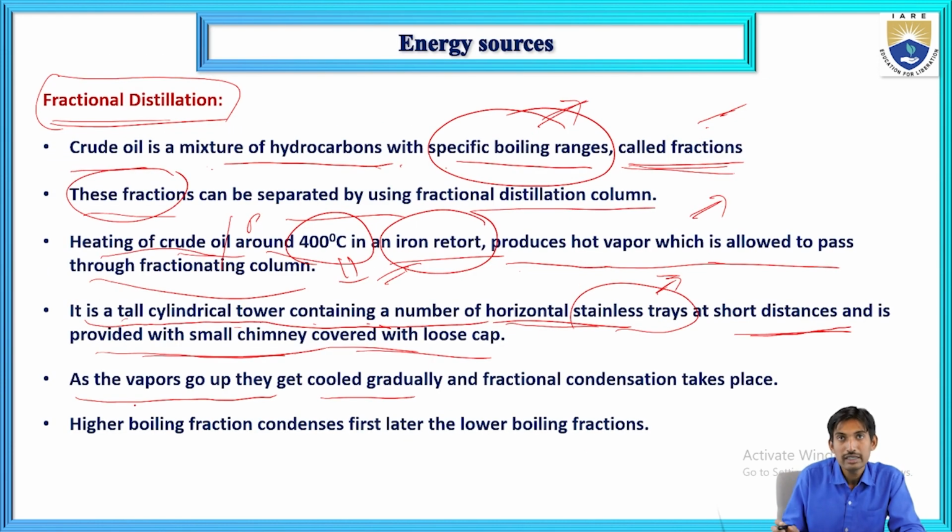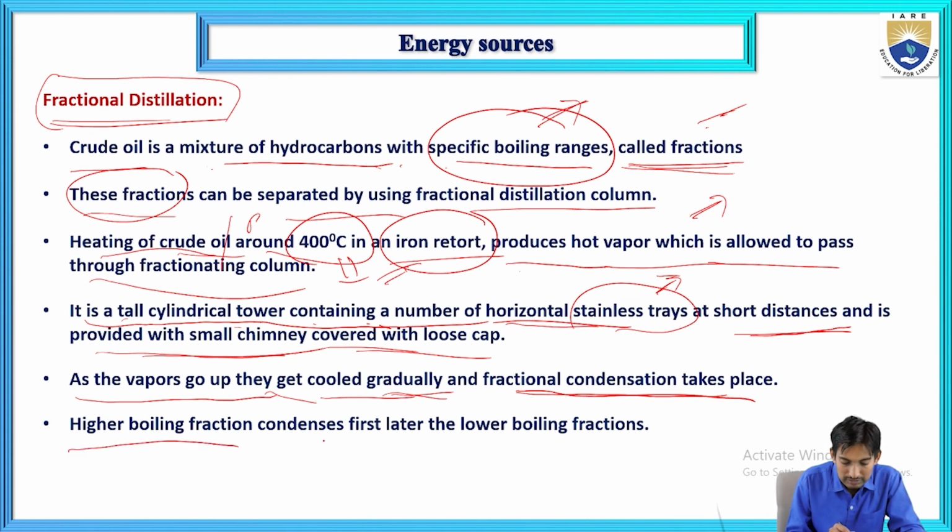As the vapors go up, they get cooled gradually and fractional condensation takes place. At different temperatures, the condensation takes place. Higher boiling fractions condense first. In the crude oil or petroleum, the fractions which contain higher boiling point are condensed first and collected first, and later the lower boiling fractions.